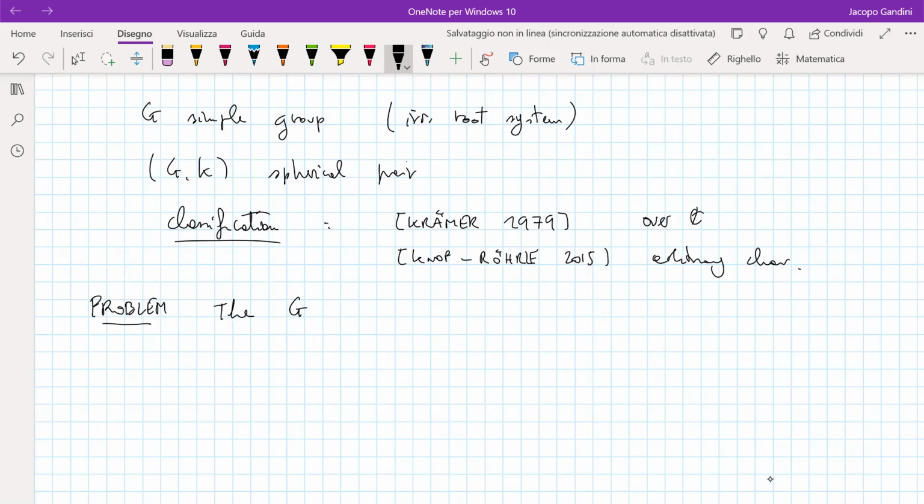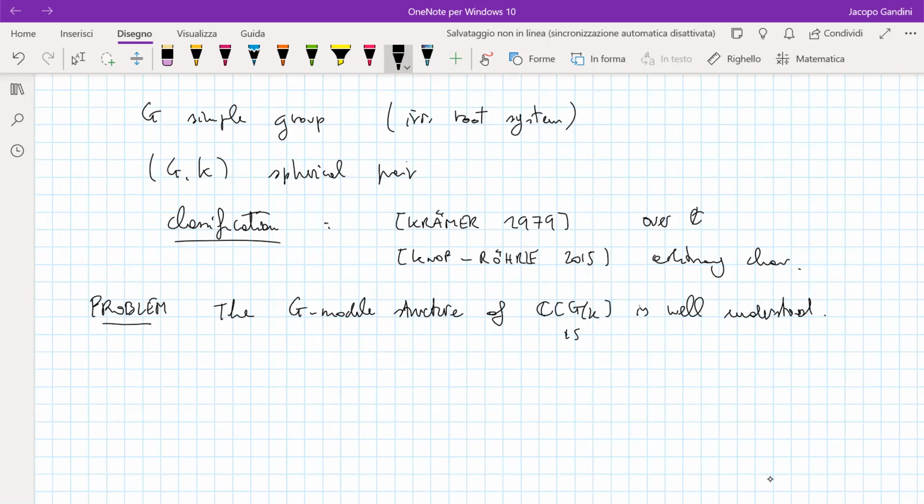So, in all this classification, in some sense, if we look at the G-module structure that I mentioned before, that is pretty well understood. I mean, by what I say, this just means that it is well understood what are the weights occurring here, what are the irreducible representations of G occurring here.